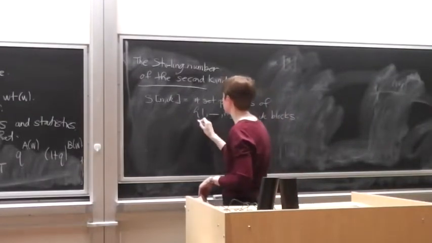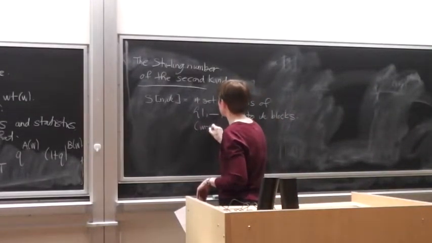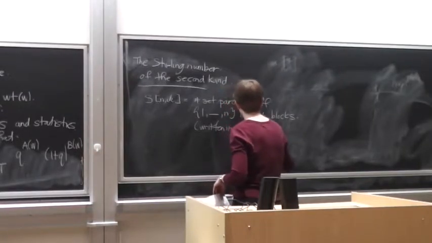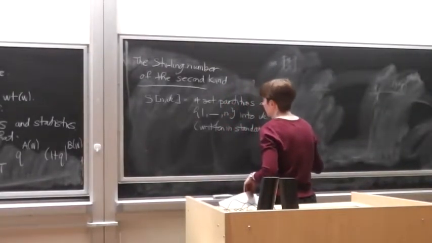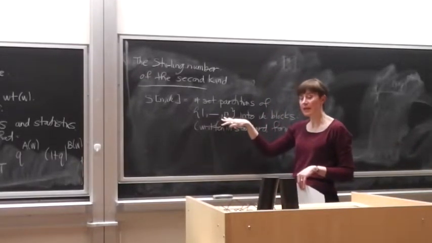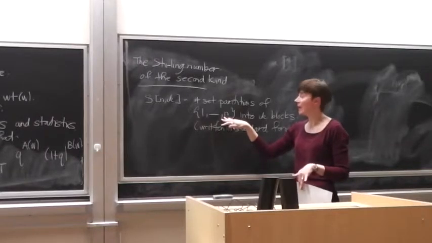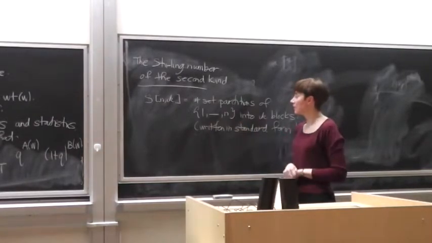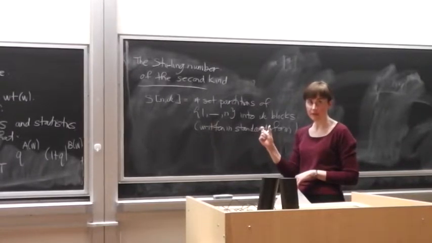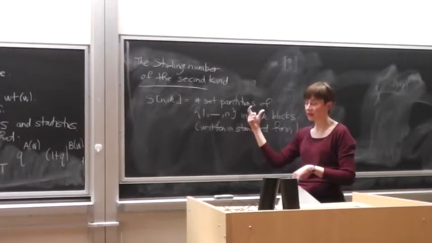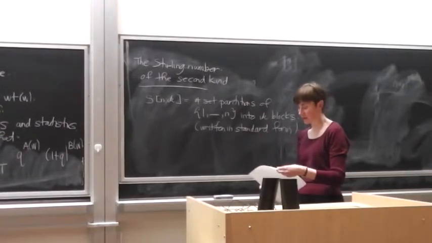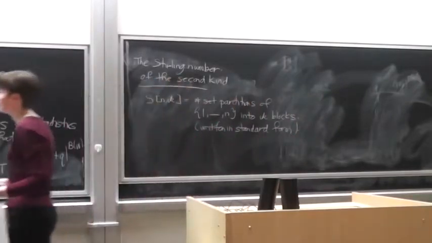I'm going to give an example, written in standard form. A set partition means I partition the elements 1 through n into a disjoint union, and of course the union is the whole set. Then I order these blocks by their minimal element: the smallest minimal element is the first block, the next smallest is the second block, etc. So let's look at S(4,2).